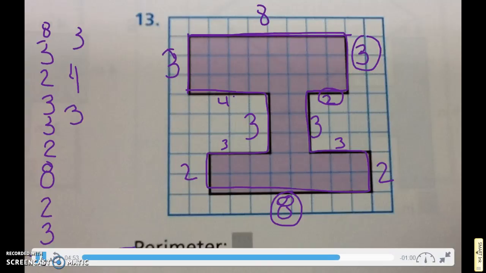I'm going to add all of those numbers together to find the perimeter. When I add them all together, I see that the perimeter is 44 yards. So to find the perimeter, you have to take the length of each side.